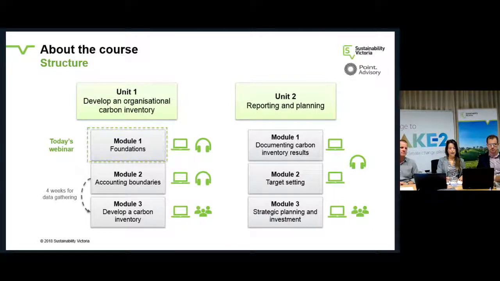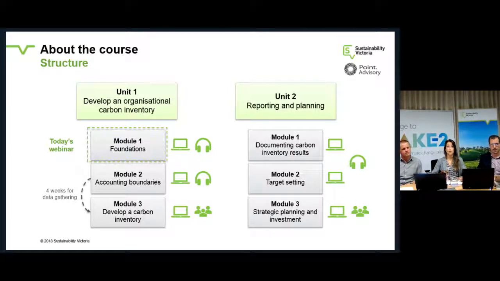Then we will have 4 weeks in between Module 2 and Module 3 for you to go away and define your boundaries, which hopefully will be clear after Module 2.